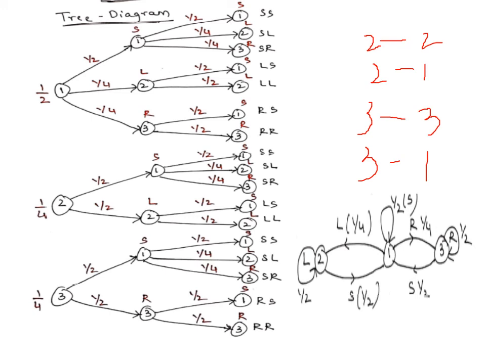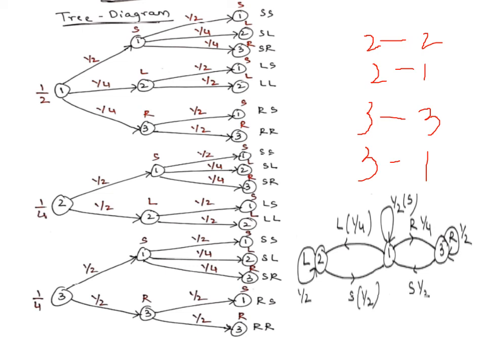1 to 1 transition, 1 to 2 and 1 to 3, whereas we have only 2 to 1 and 2 to 2 transition. Similarly 3 to 3 transition is available, 3 to 1 transition is available. Same way for the second stage, 1 to 1, 1 to 2, 1 to 3 transition is possible, 2 to 1 transition is possible, and node 2 to node 2 transition is possible.